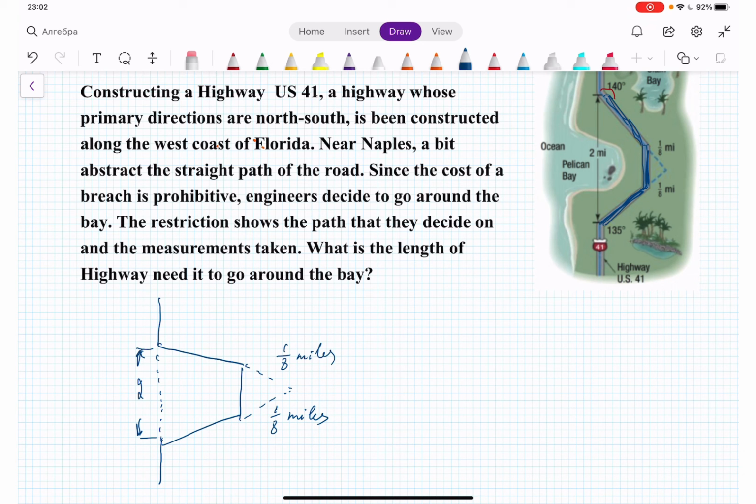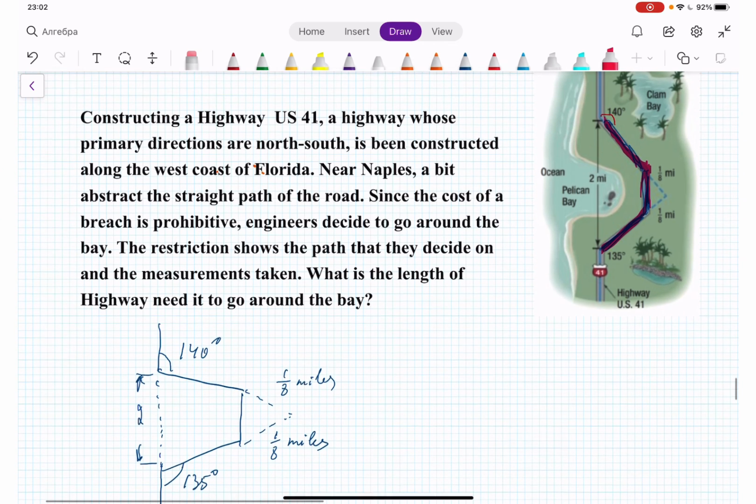Okay, what else do we have? Yes, this angle is 140 degrees. This angle is 135 degrees. Okay, so far so good. So we need to know what is the length of this path that they are going to build.